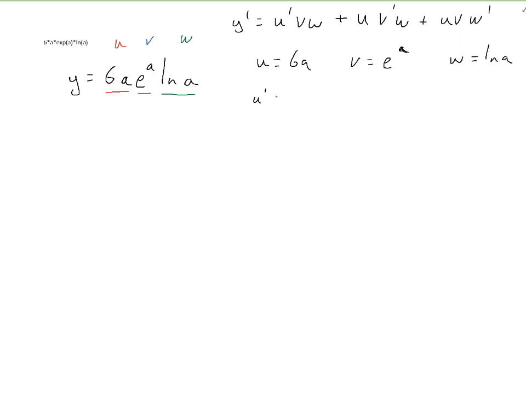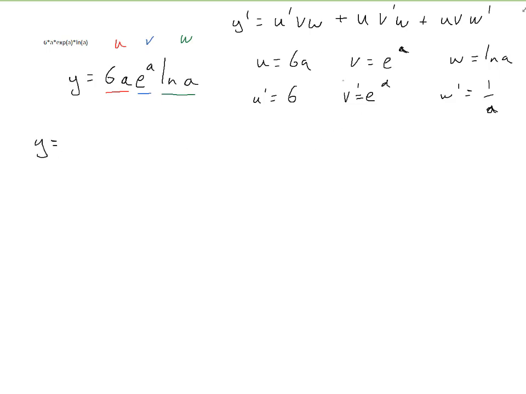So the derivatives are 6, e to the a, and w dash is 1 over a. So that's just a way of combining these together properly.